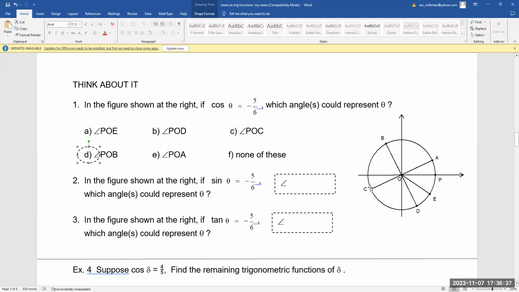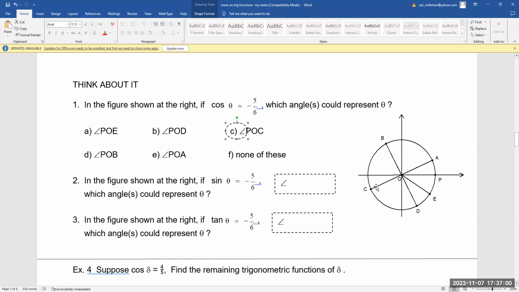But if you consider the other possible negative cosine value, and you look more carefully at angle POC, this x distance looks like it could be 5.